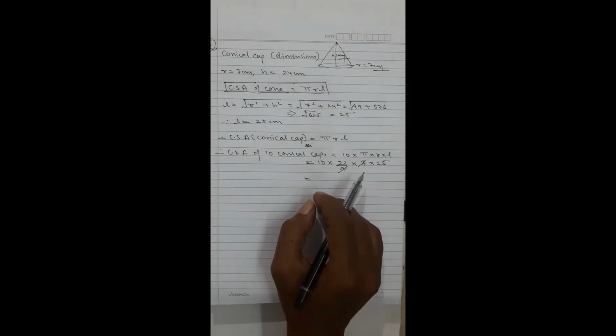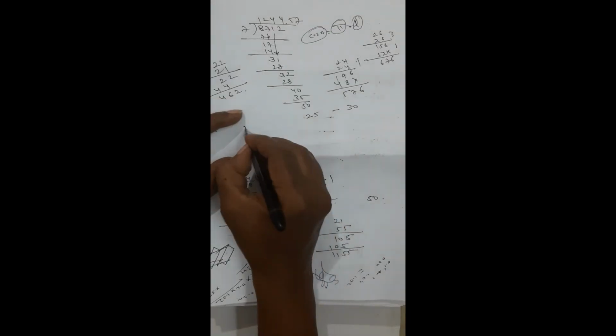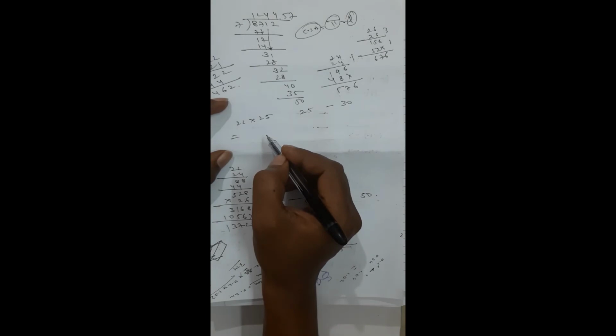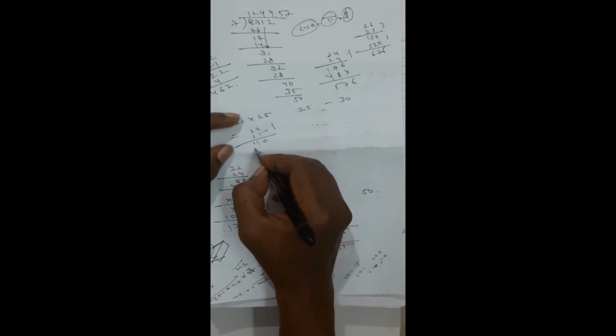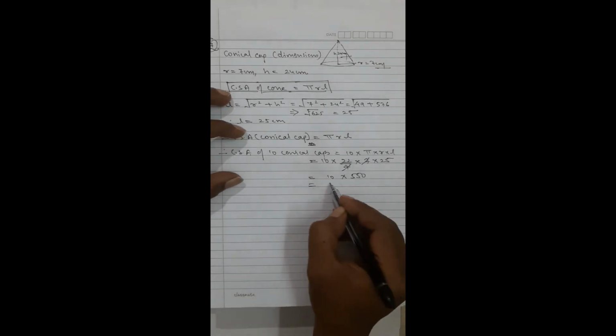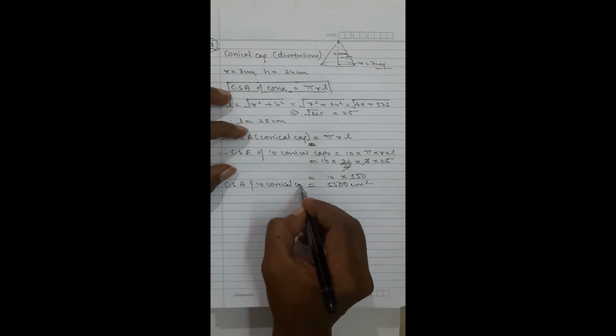So 7 and 7 cancel. We get 22 into 250 to do first. 22 into 25. 5 2s are 10, 5 2s are 10, 11, 44, 550. This will be 5500 centimeter square. This is the curved surface area of 10 conical caps.